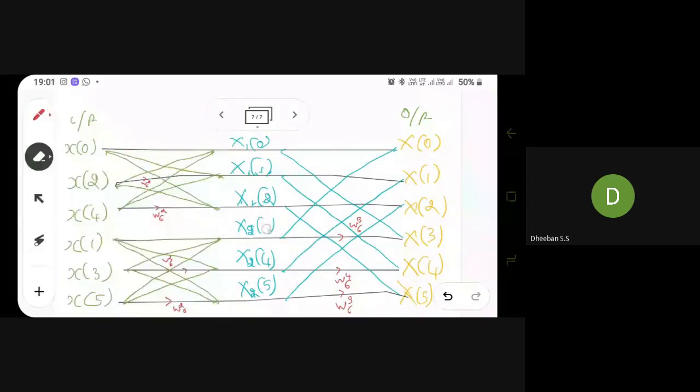So this will be changing to 1, 2, 3, 3. It will be 1, 3, 2. This will be 3.